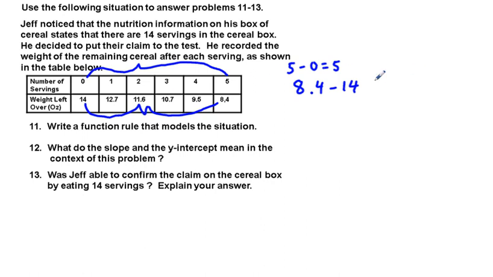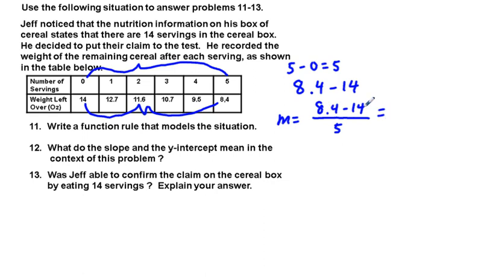And so change in cereal divided by the change in the number of servings. So we will say 8.4 minus 14 over 5 minus 0. And we're going to call this our slope, our m. Well, just doing this right here.